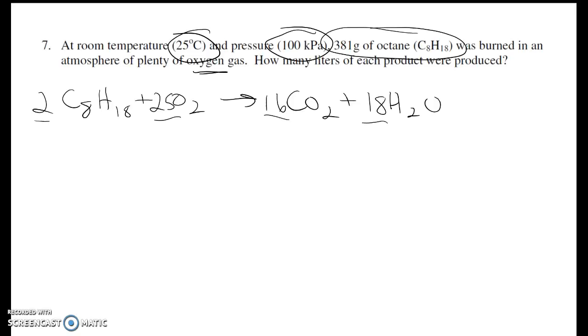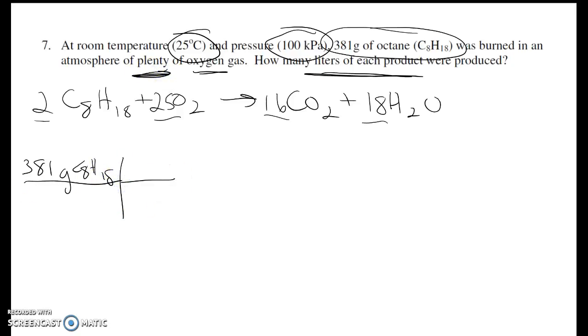So we look and we have temperature and volume. We want to find liters of product. So our first step is to get to moles of product. So we have 381 grams of octane. Now, we know that this is going to be our limiting reactant because of the words plenty of oxygen gas. The molar mass of octane, carbon's 12, we got 8 of those.